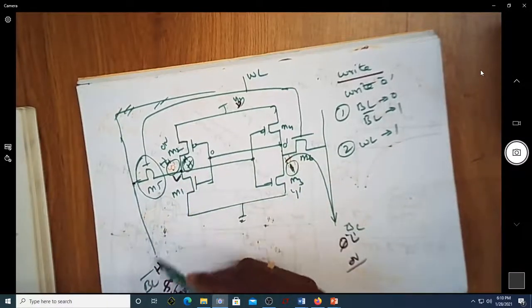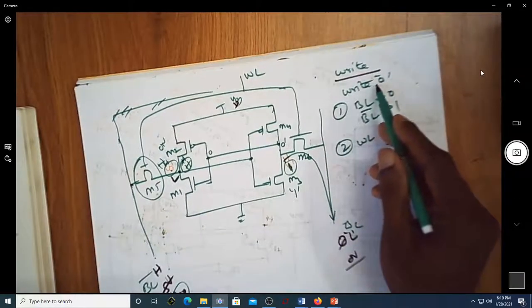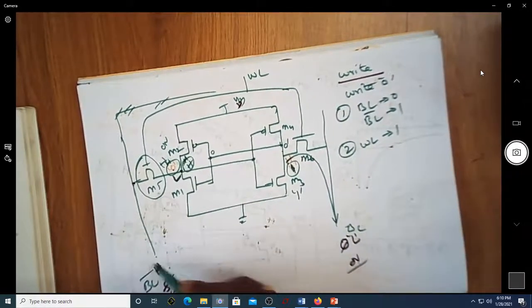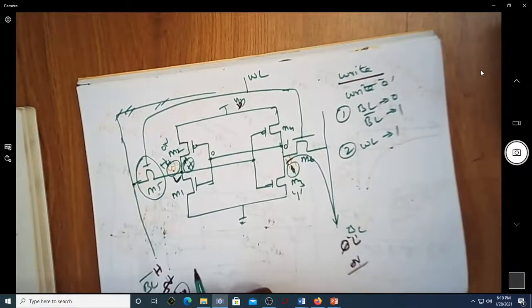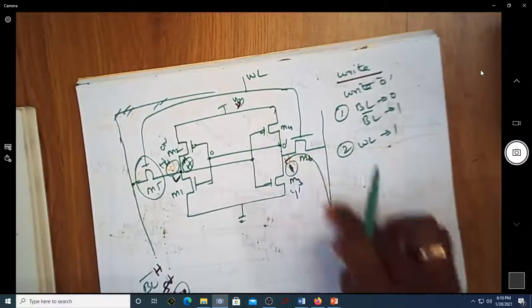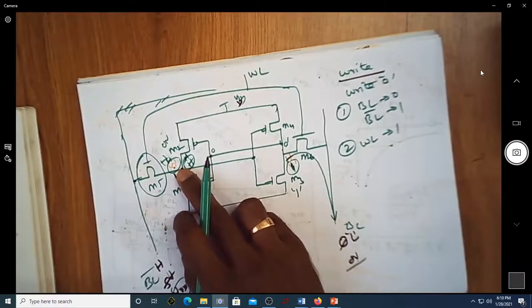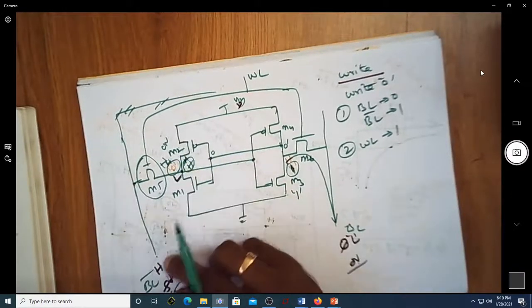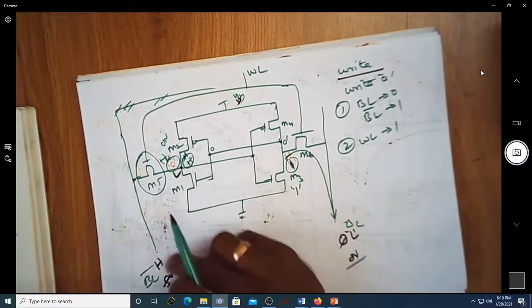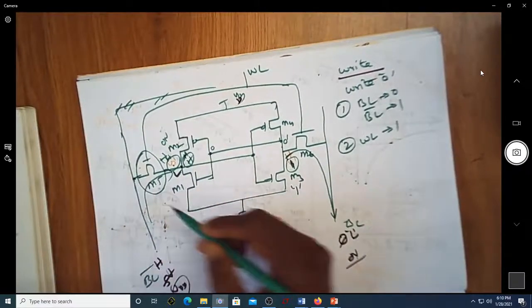The other possibility is, because when you are writing a 0, bit line is 0 and then bit line bar is high. Now assume that this is not discharging. Now let us see whether the voltage which was low here can become high because of this one.